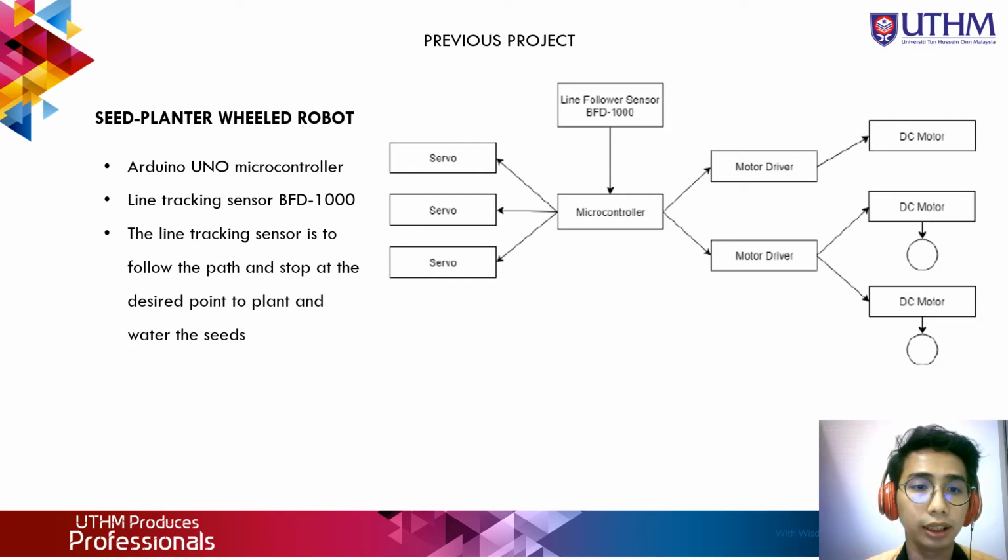And this project is based on a line tracking system. So the line tracking sensor is going to follow the path and stop at the desired point, and the wheeled robot will plant and water the seeds.